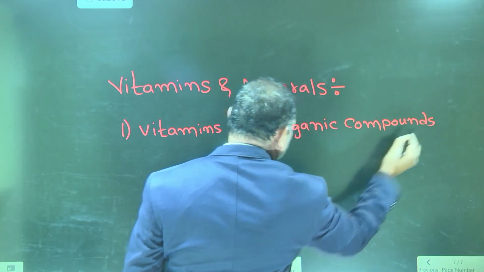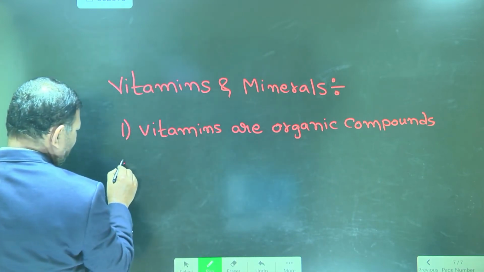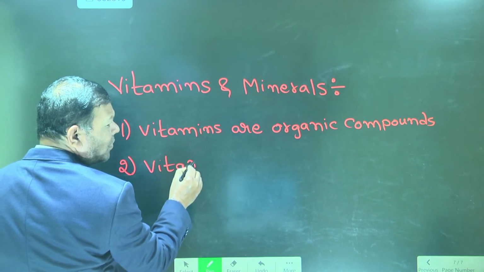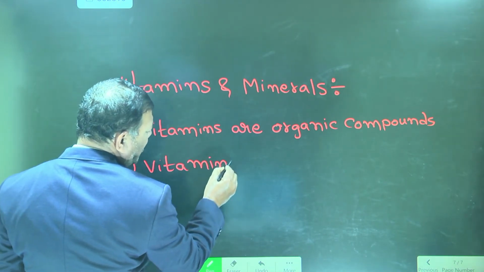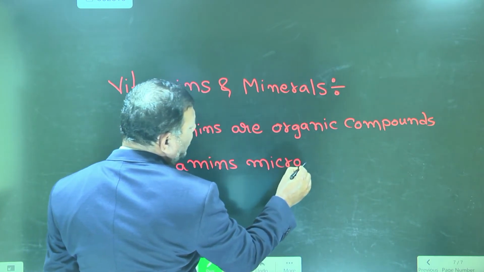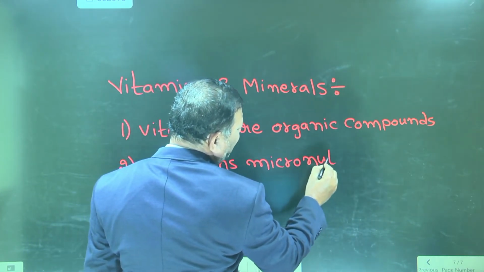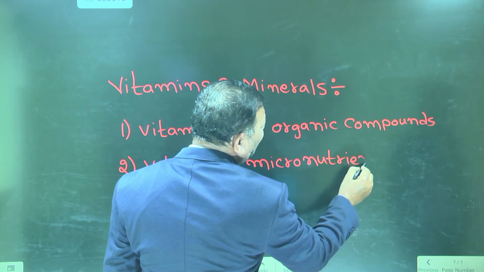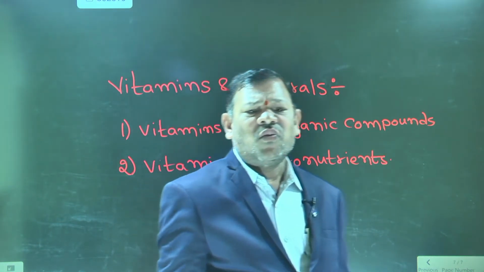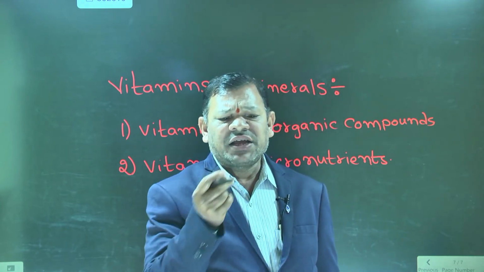Vitamins are micronutrients. Vitamins we can obtain in two ways. One is through the diet.